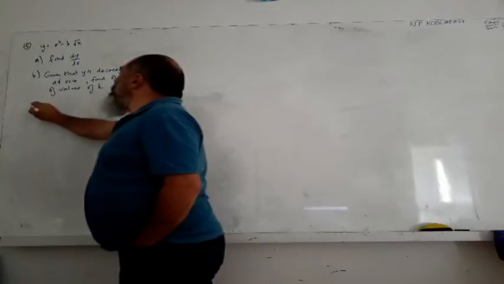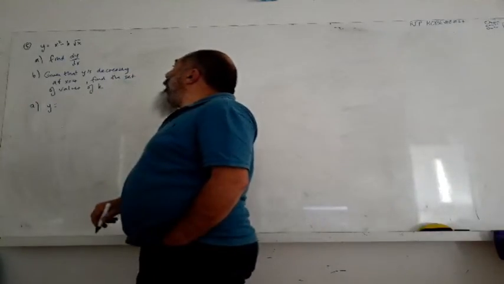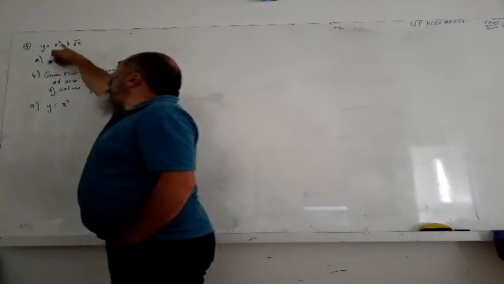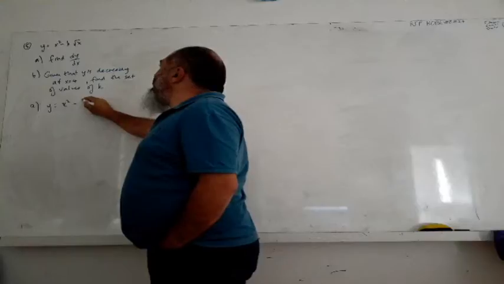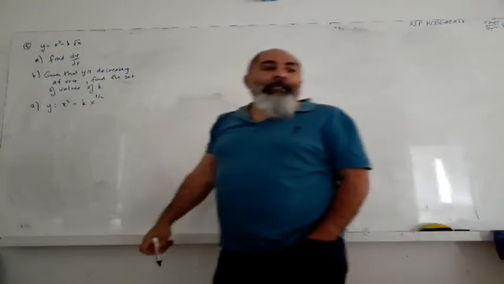Now, to be able to differentiate y with respect to x, first of all, we have to rewrite y. It is x squared minus k times x to the power of 1 over 2. You know that root x can be rewritten as x to the power of 1 over 2.